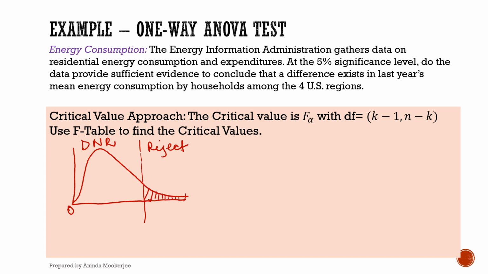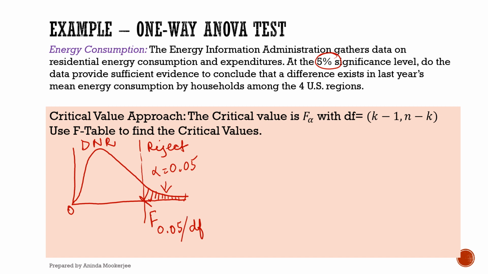Now the area associated with the reject region is alpha equals 0.05, because we are testing at the 5% significance level. We have to find F of 0.05, our critical value, with DF.